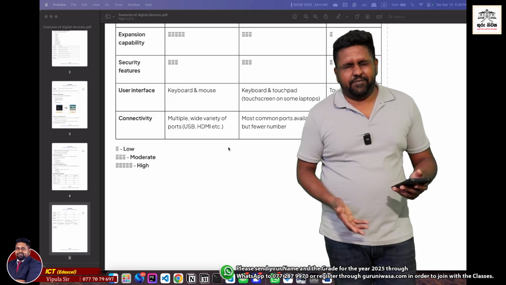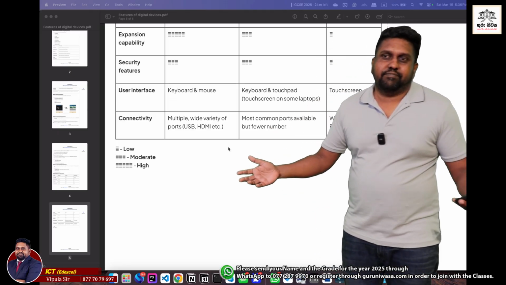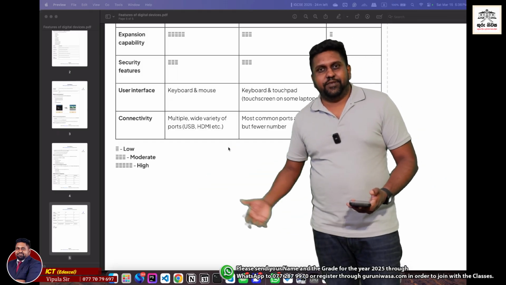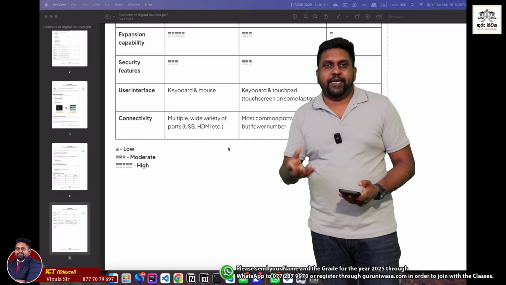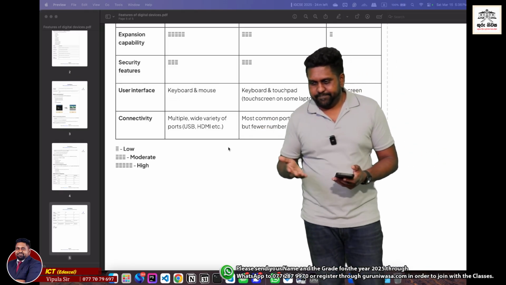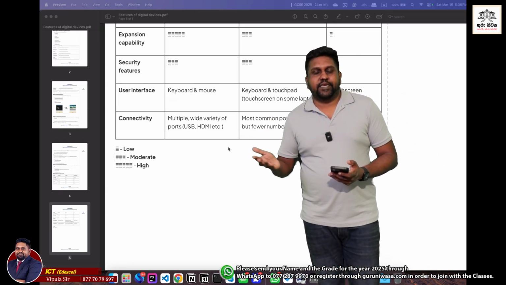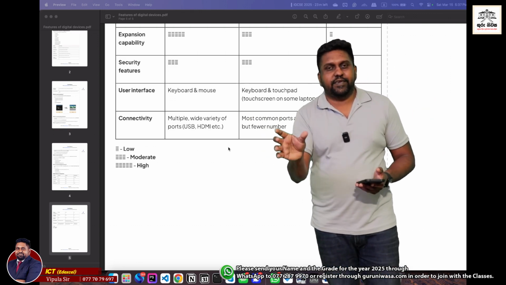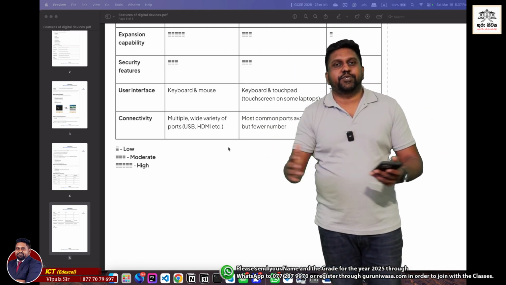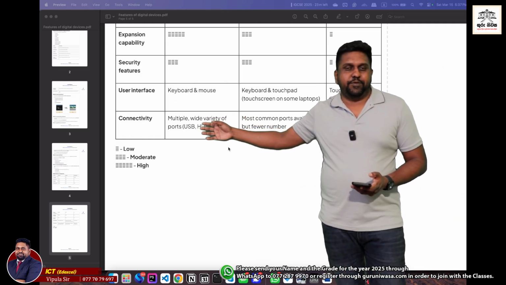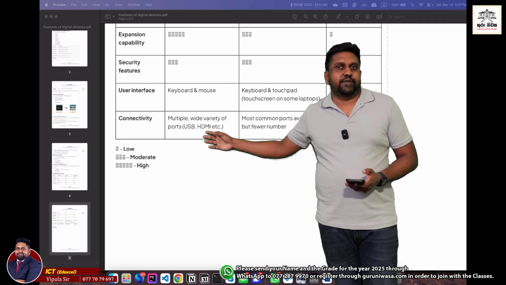Let's say you want to plug in 20 USB connectors, you can get something like a PCI USB card, which will have a certain set of USB ports, which you can then expand. So desktops give you an unlimited range of connectivity.